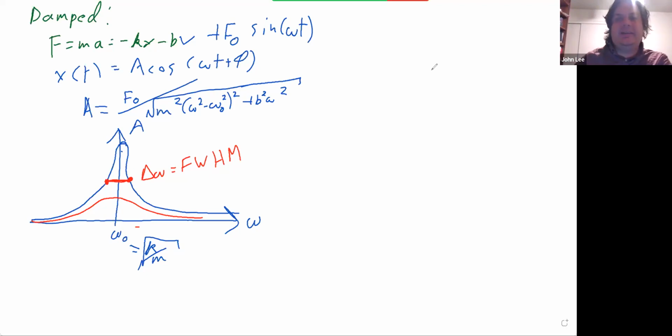So we define the quality number Q equals omega naught over delta omega, where delta omega is the full width at half maximum. We want this to be higher because we want delta omega to be smaller.